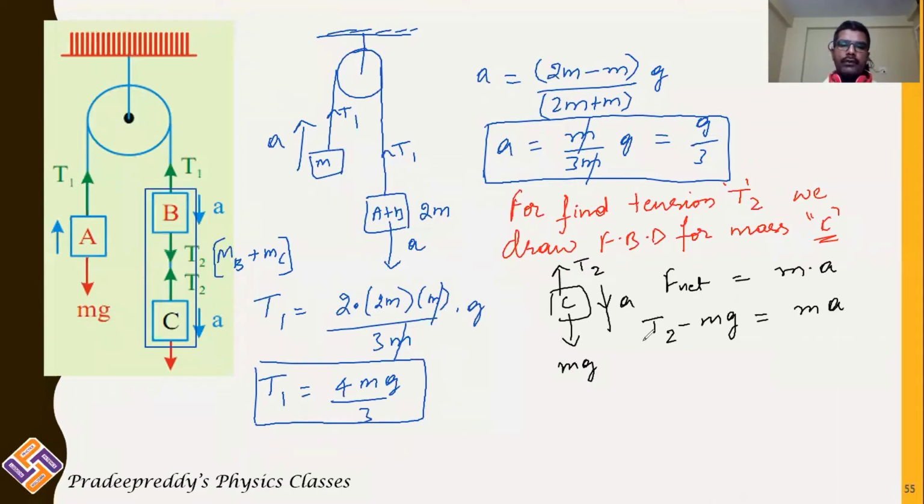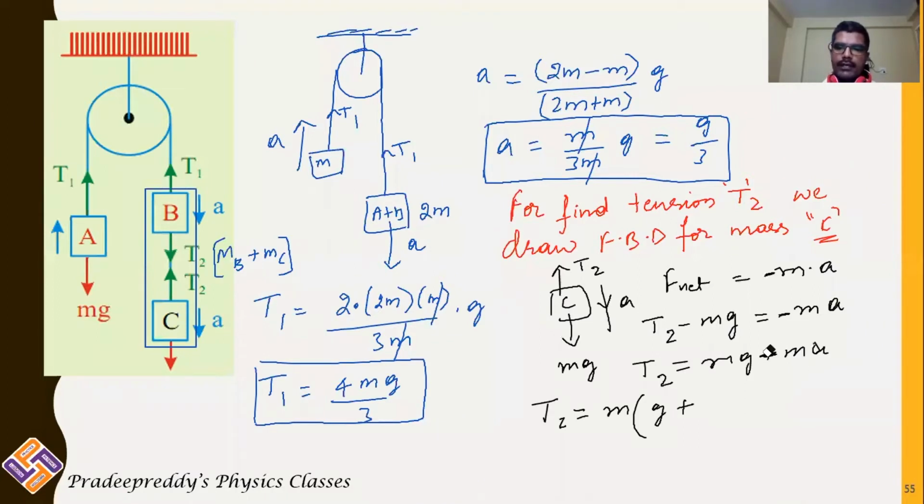Now I want to find out tension T2. So tension T2 is equal to mg plus ma. You can take m common. Tension T2 is equal to m into g plus a. Sorry, acceleration is downward, so here you should take it negative, and this is mg minus ma.